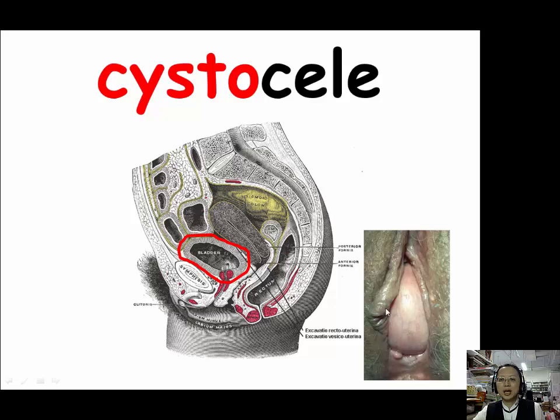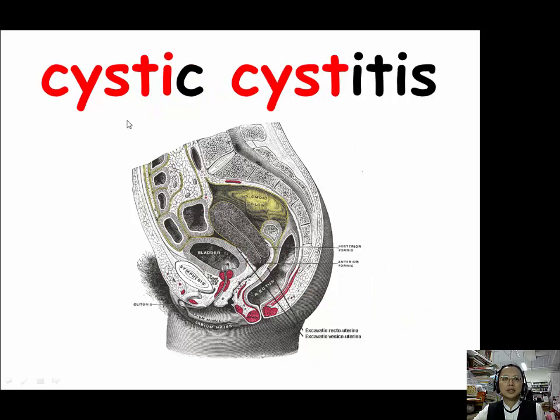Her bladder is coming out from her vagina. You can see it here. This is the bladder.